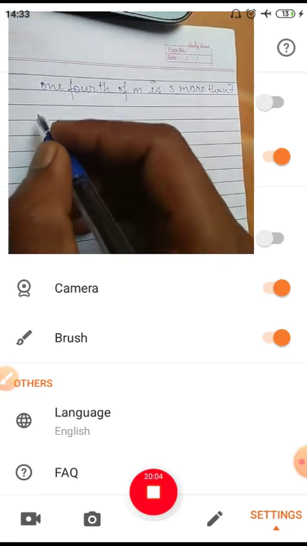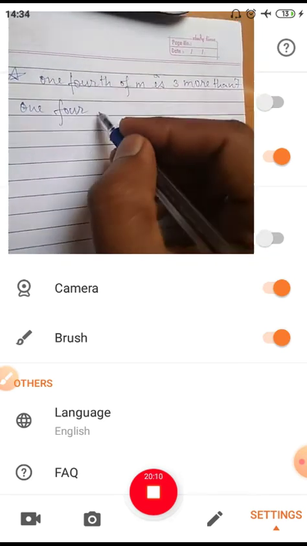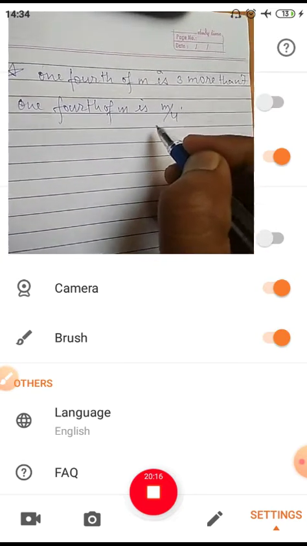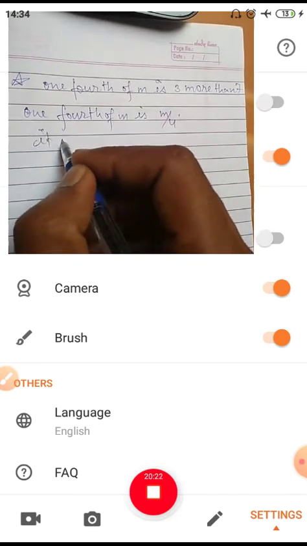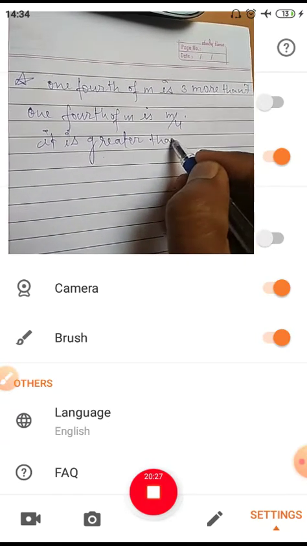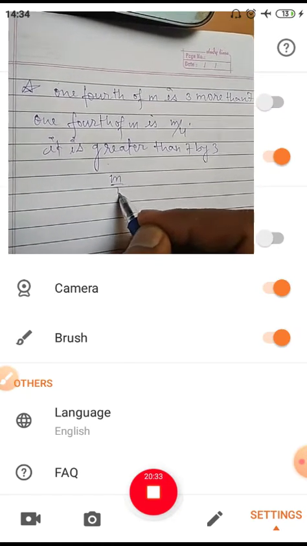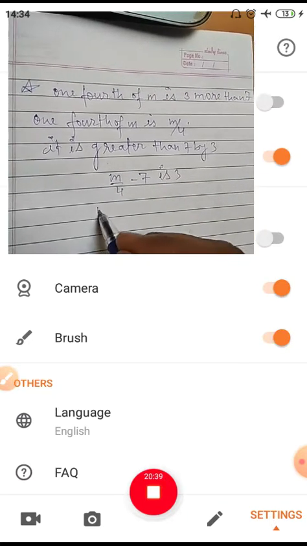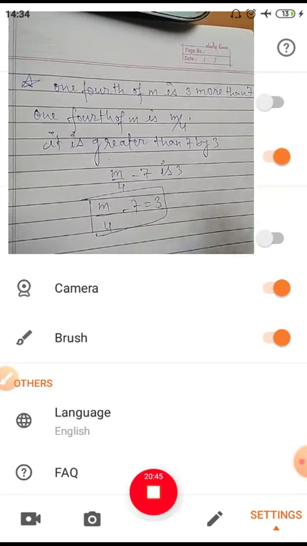So 1/4 of m is m upon 4. Subtract 7, so m upon 4 minus 7 is 3. So we can write m upon 4 minus 7 is equal to 3.